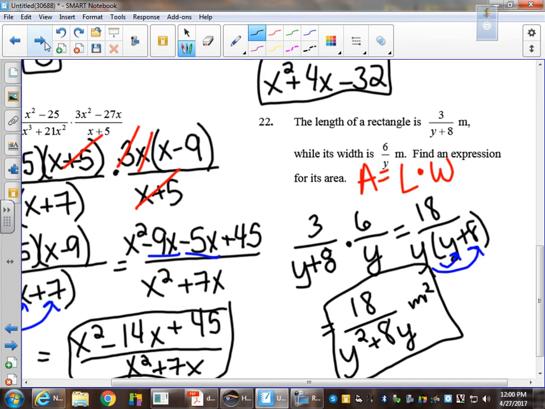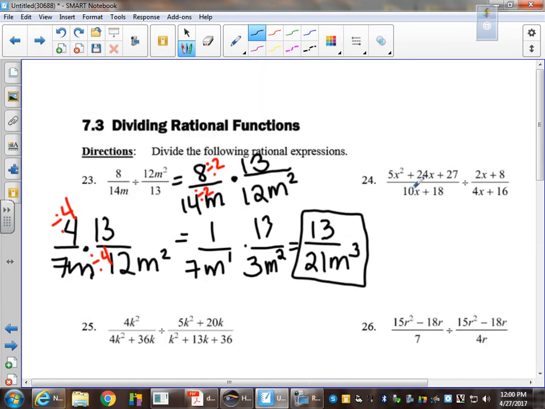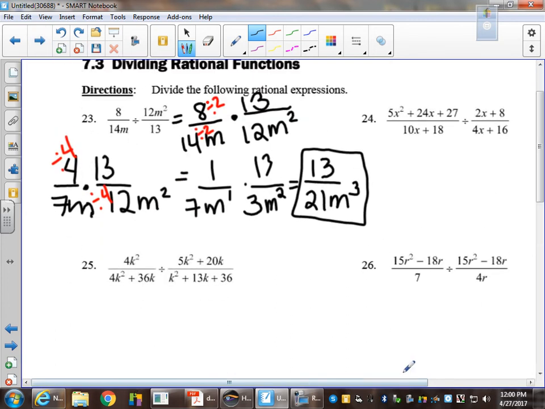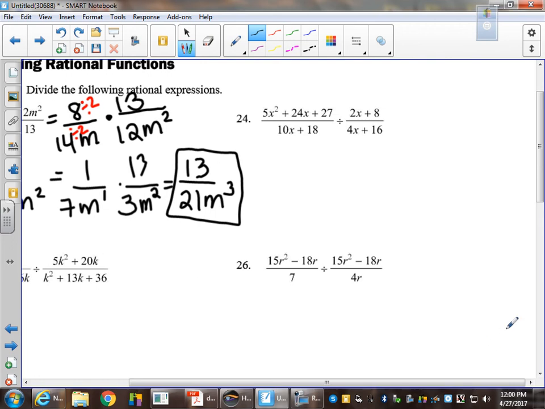Okay, so last but not least, we are going to work through the rest of the dividing rational functions questions. Number 24 is where we are starting. Our first step is to always multiply by the reciprocal. So we're going to keep the first fraction.